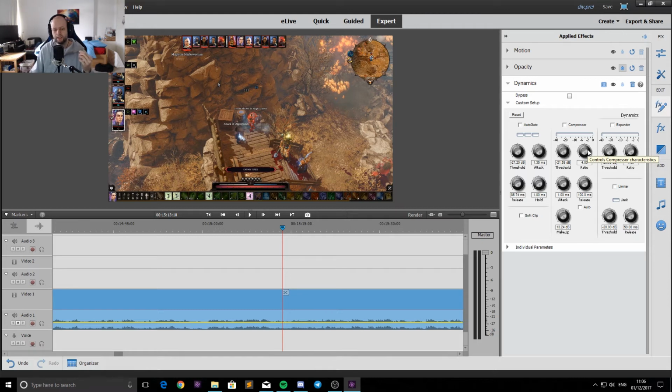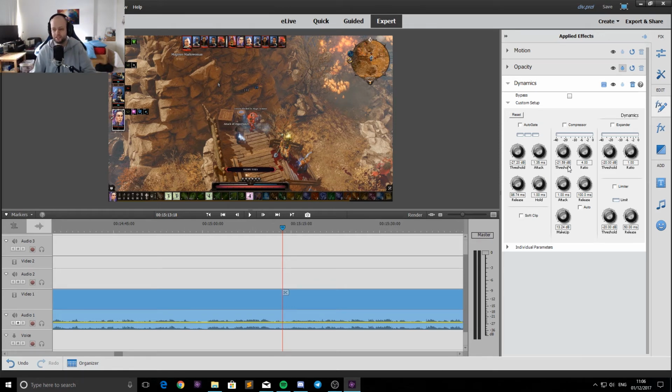The ratio is simply the amount of dB that is allowed over your threshold. So think of it as a factor, as a fraction. A 4:1 ratio is a 1/4 fraction of your signal. So whatever is above the threshold in terms of dB, only 1/4 of that will be allowed, or rather the signal levels will be compressed to 1/4 of that level, if that makes sense.